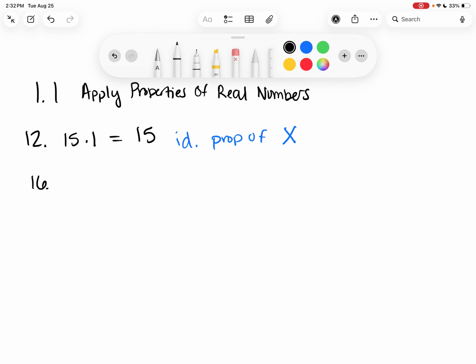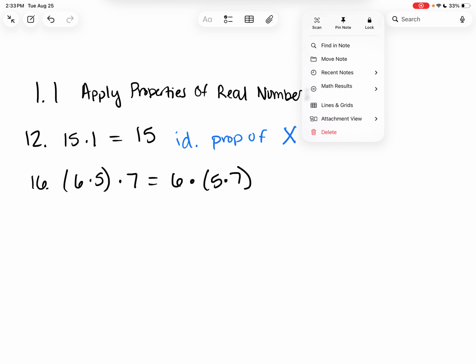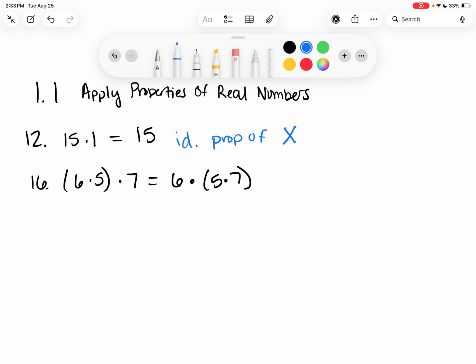16. I've got in parentheses 6 times 5, close the parentheses, times 7 is equal to 6 times, in parentheses, 5 times 7. So which property allows me to swap the parentheses around and where they are?